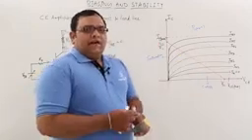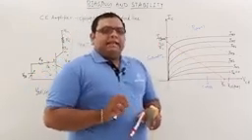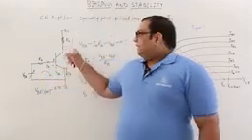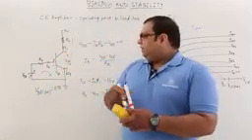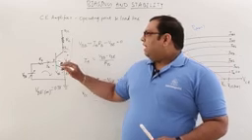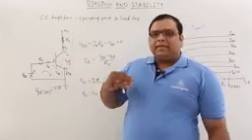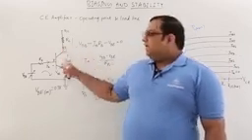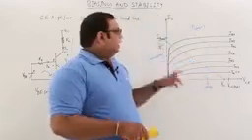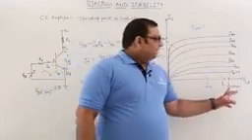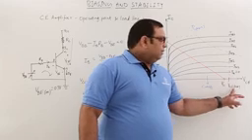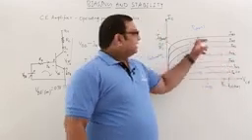Whenever you are operating a transistor, the transistor data sheets normally give maximum operating regions. The transistor will have a maximum operating collector current, IC max, a maximum collector to emitter voltage, and a maximum power dissipation.